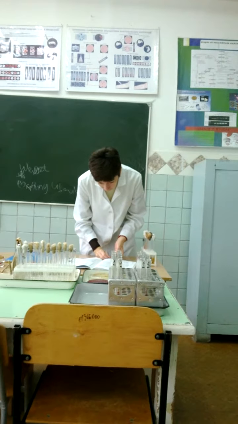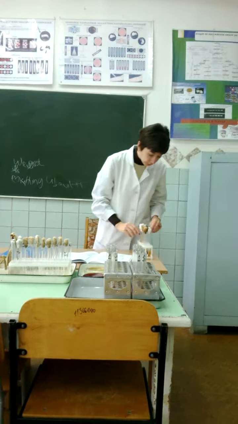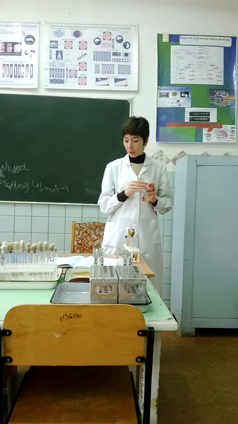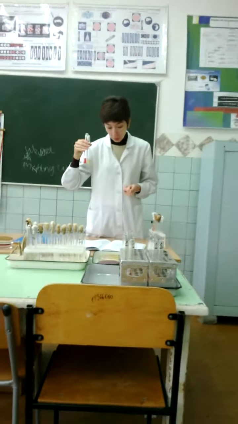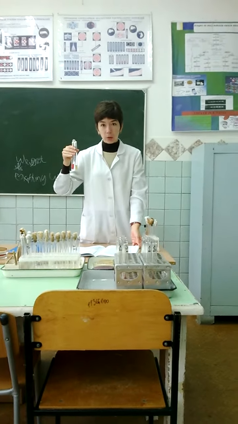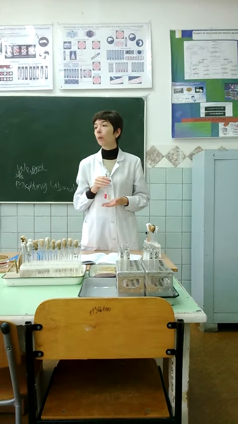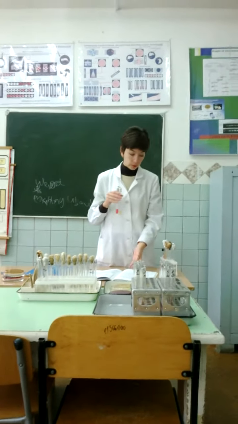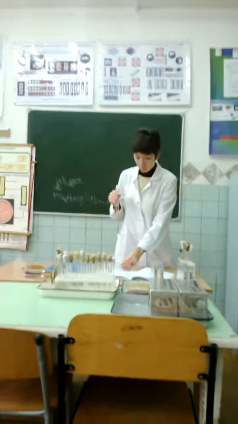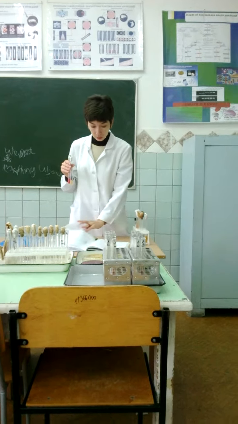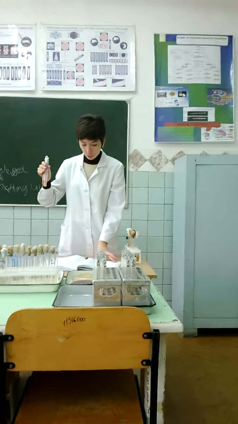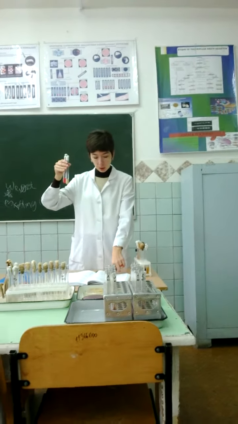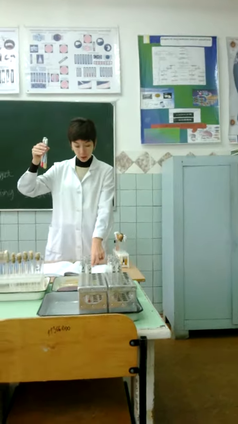The next test is similar to the Voges-Proskauer reaction: fermentation of acetyl methylcarbinol. It's a test also for differentiating El Tor Vibrio cholerae. Please open it at home for Vibrio cholerae. The test for acetyl methylcarbinol is the Voges-Proskauer reaction.